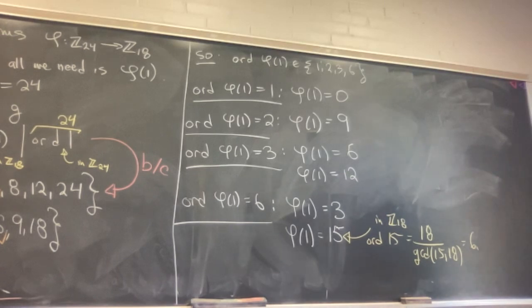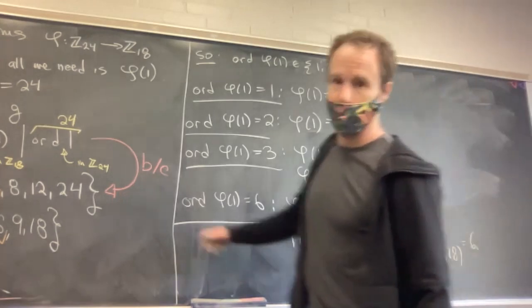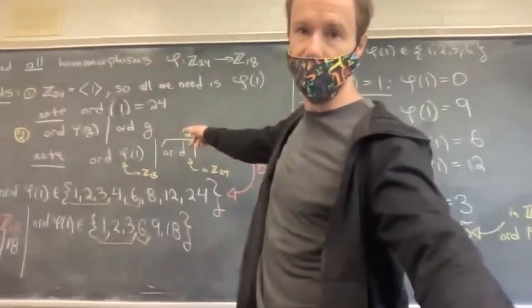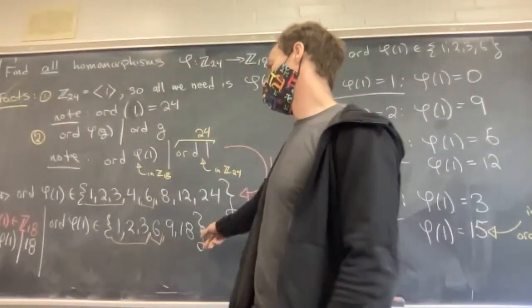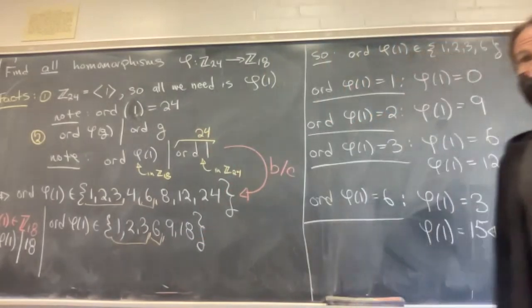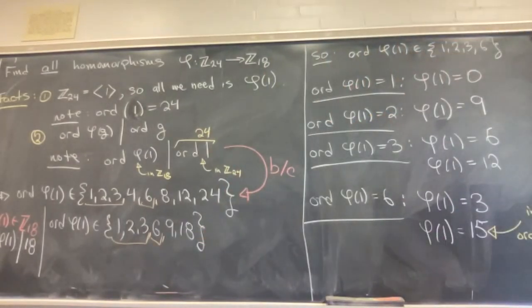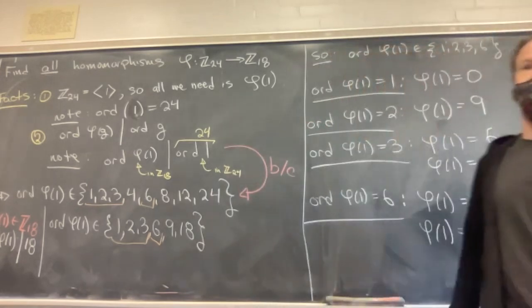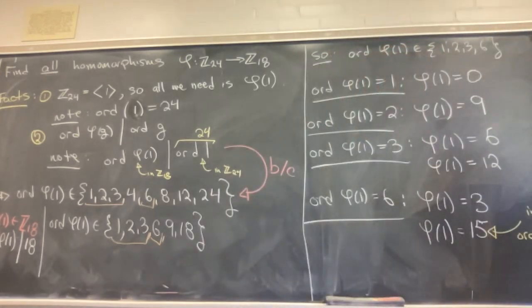Now we're done, right? Without doing all of this setup, like where we looked at the order of the image of an element versus the order of the preimage, and the order of an element divides the order of a group, and all of that stuff, we wouldn't know that we were done. We would just speculate that we're done. But this analysis proves that we really have all of our homomorphisms.